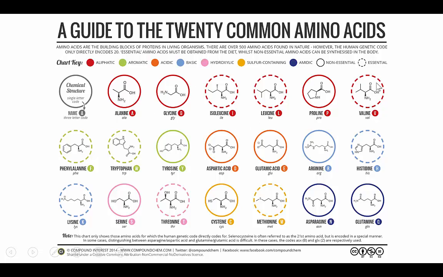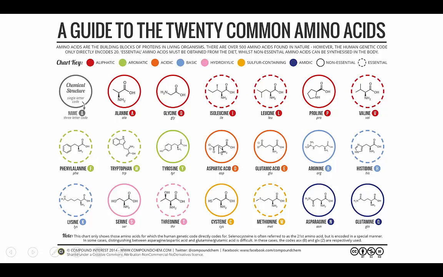So these amino acids are considered aliphatic amino acids. Some other amino acids have aromatic groups, like phenylalanine, tryptophan, and tyrosine. Others have a carboxylate, so these are acidic amino acids: aspartic acid and glutamic acid.